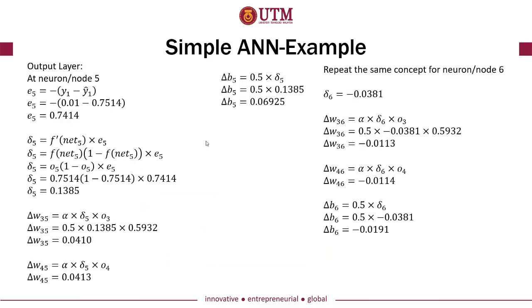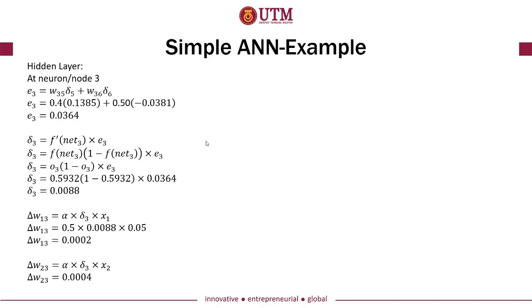So that's why we use the old, or the initial, W there. W35 is 0.56, which is not updated yet. This is the old W35 and this is the old W36. And then you multiply, and then you add the delta there, you will get the E3. Once you get the E3, from the E3 there you can calculate the delta 3. This is the same process again.